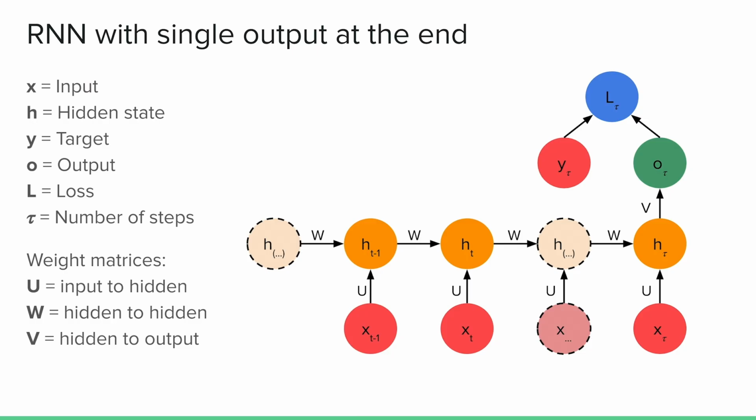There are three additional matrices that parameterize how we want to do this. The first is U, which is a mapping from our input to the hidden representation, the representation that the hidden units can process.